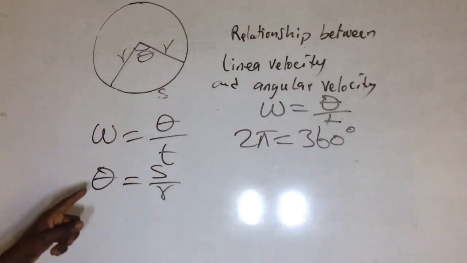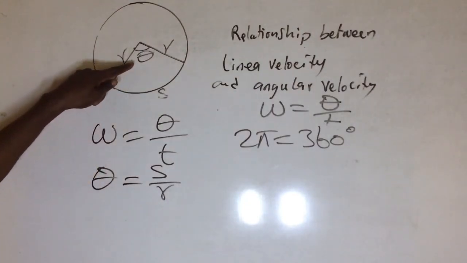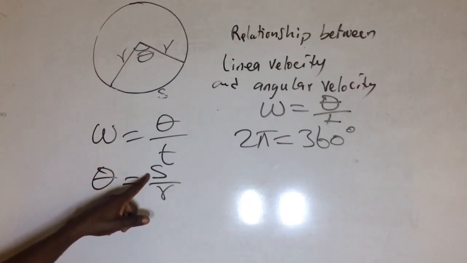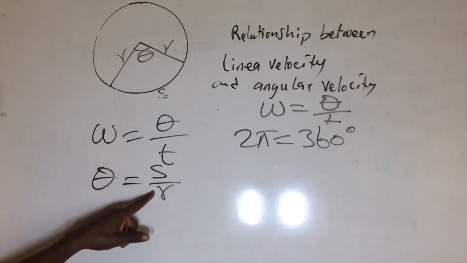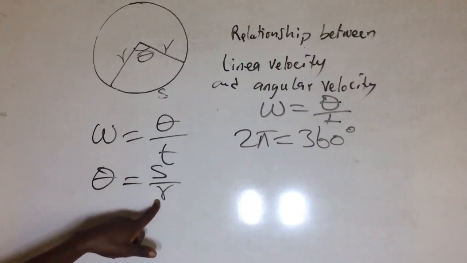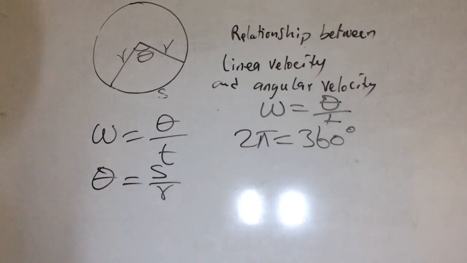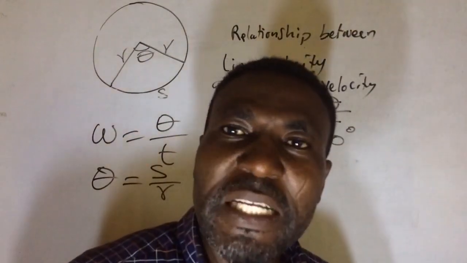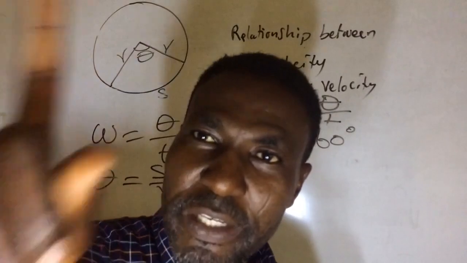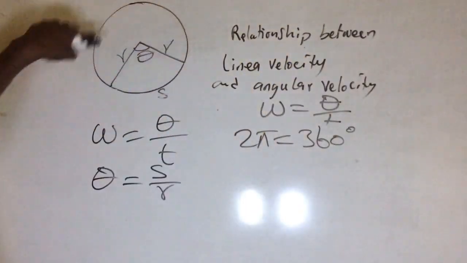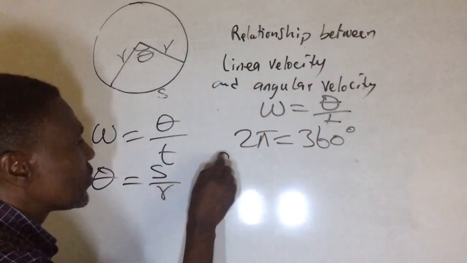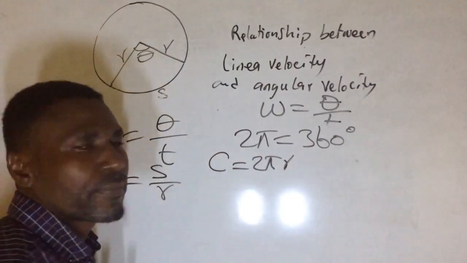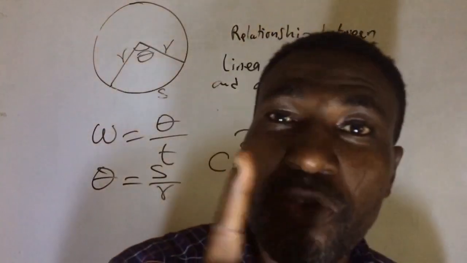Now, we say that angular displacement is equal to S over R, meaning distance all over the radius of the circle. Remember that one complete circle is one circumference. So in mathematics, the circumference of a circle is equal to 2 pi r.